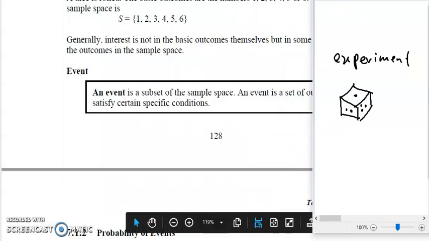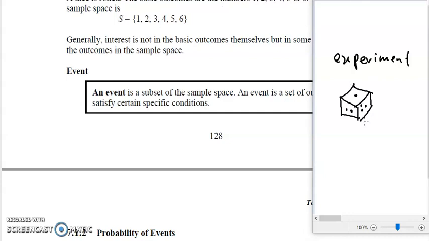One experiment that you are going to do is having a dice. We know a dice has 1, 2, 3, 4, 5, and 6 surfaces, right? From the experiment, you are rolling a dice.